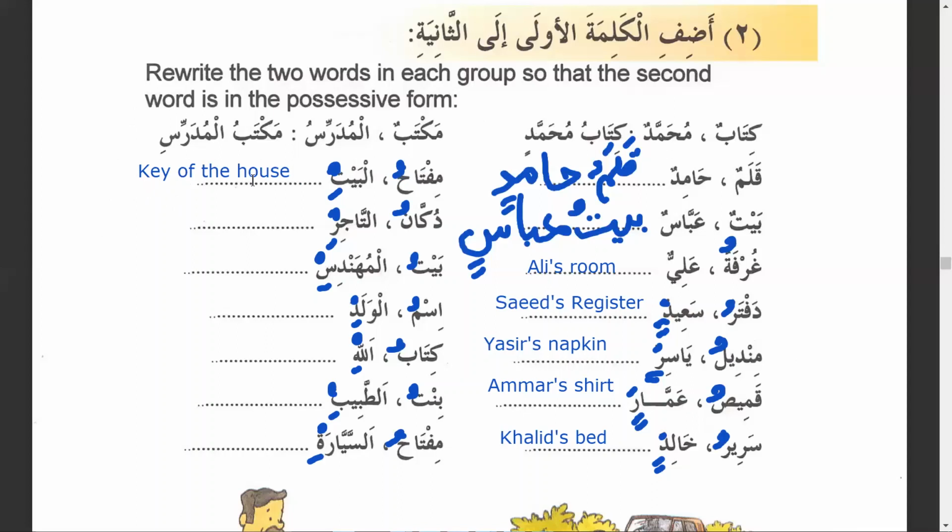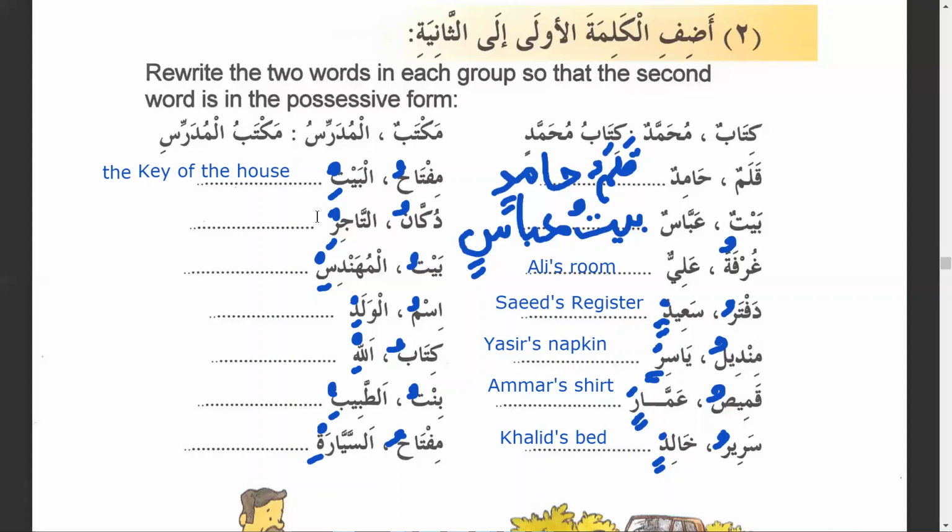Because this is proper, the key, the mudaf, also becomes proper. When mudaf ilayh is proper, the mudaf also becomes proper. So over here there should be the key of the house. Why the key? Because the key belongs to a specific ism.